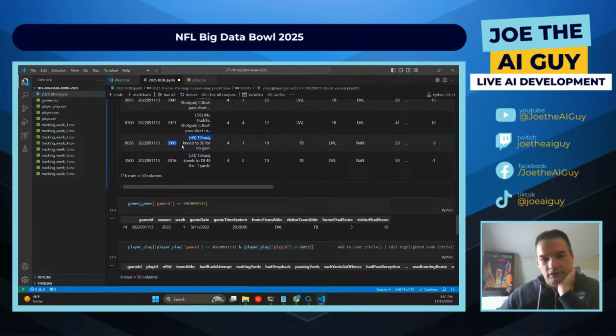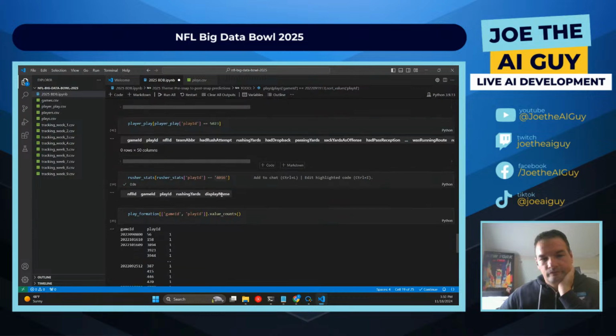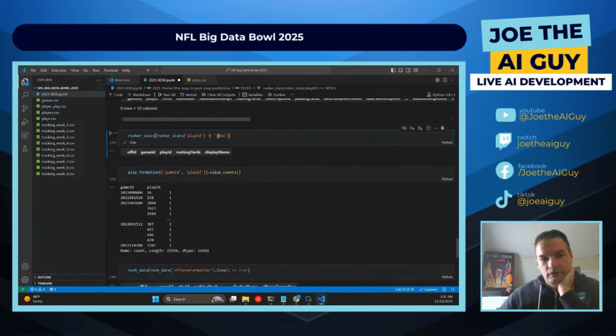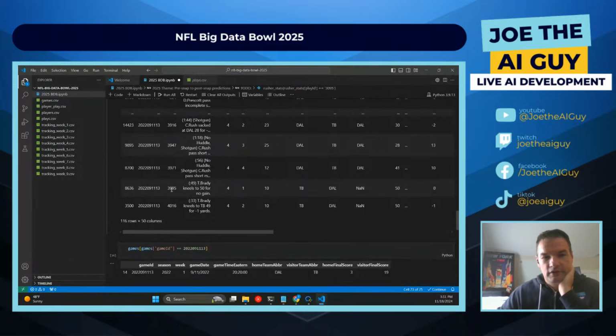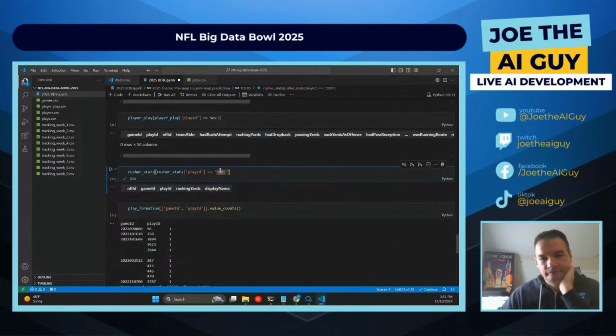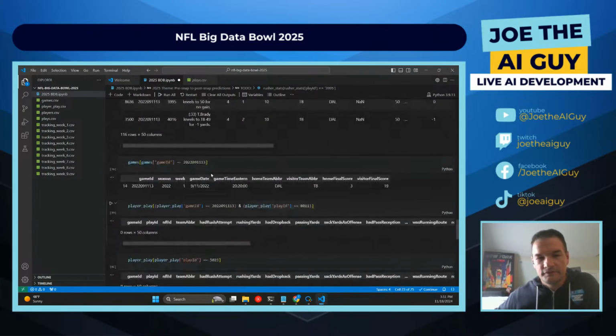Right, and we're seeing even in the play before it, another kneel. We go here, 3995, sorry. Another play, we don't see that here in the rushing stats as well.